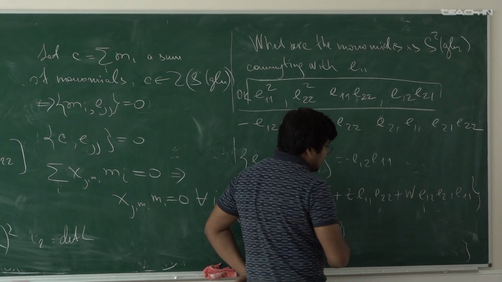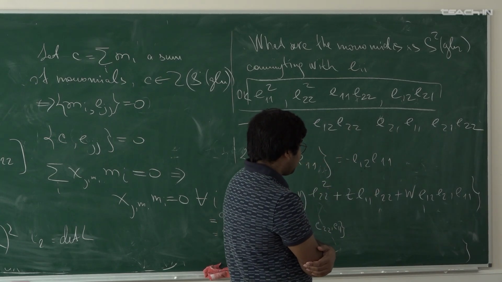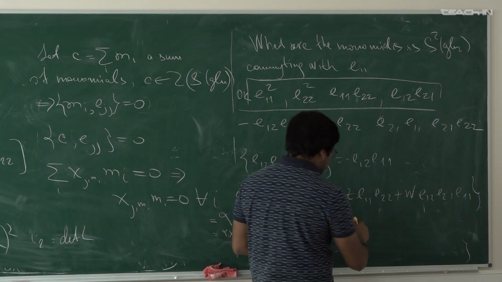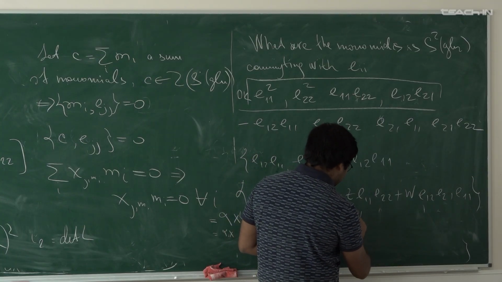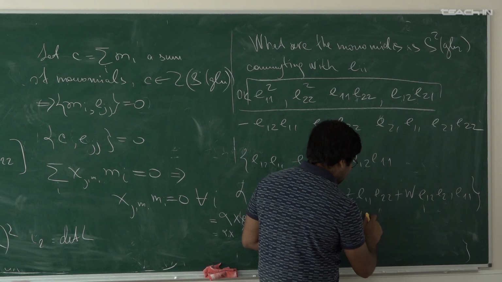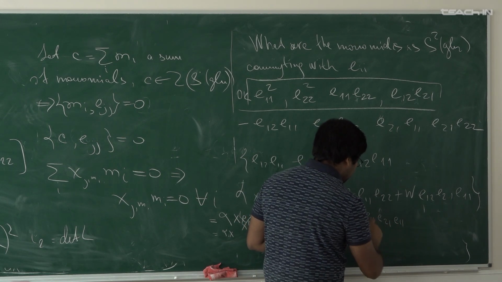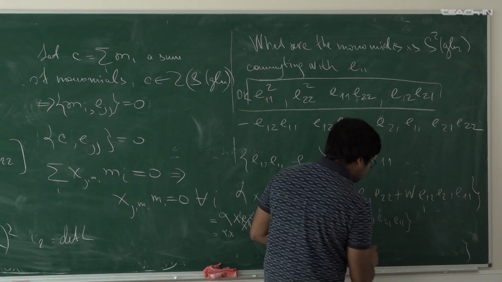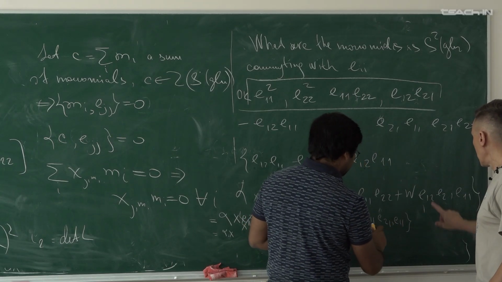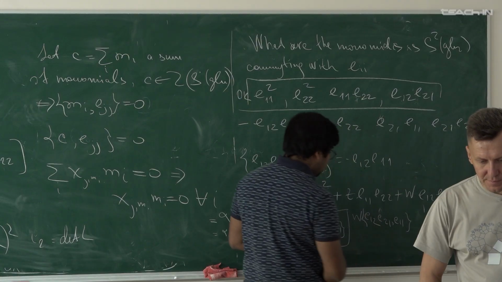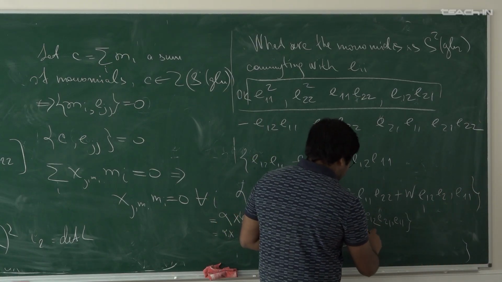It is 0, but for less evident reasons. Then we need to check E11 E21 E11, right? E12. We can calculate.